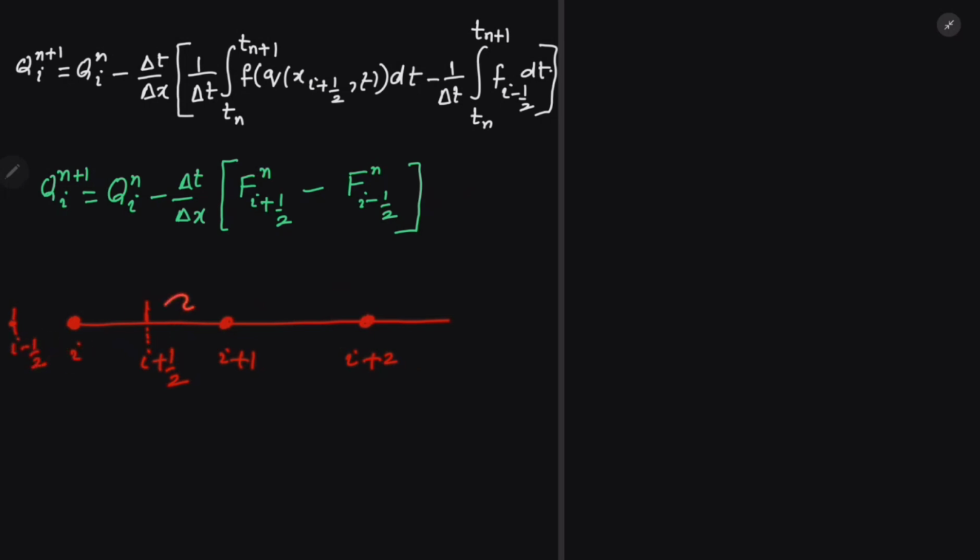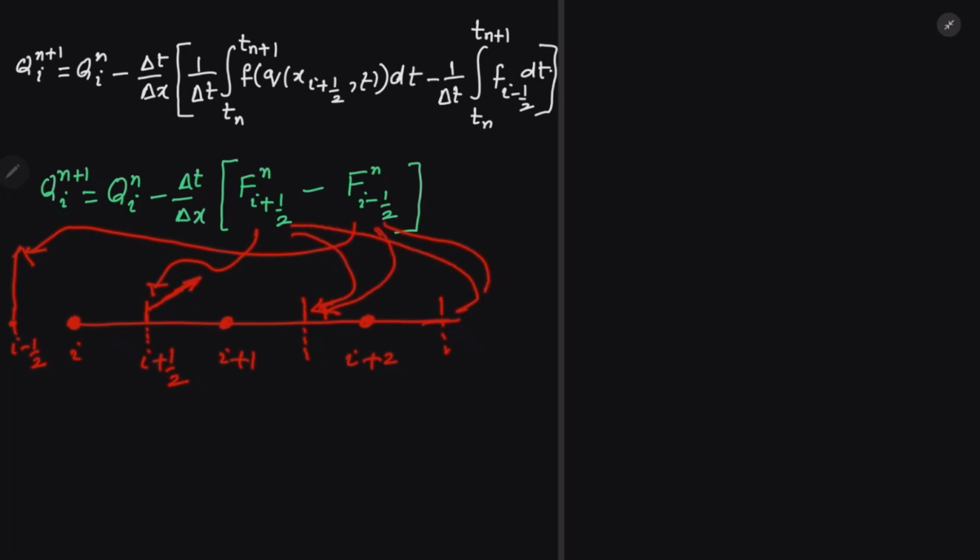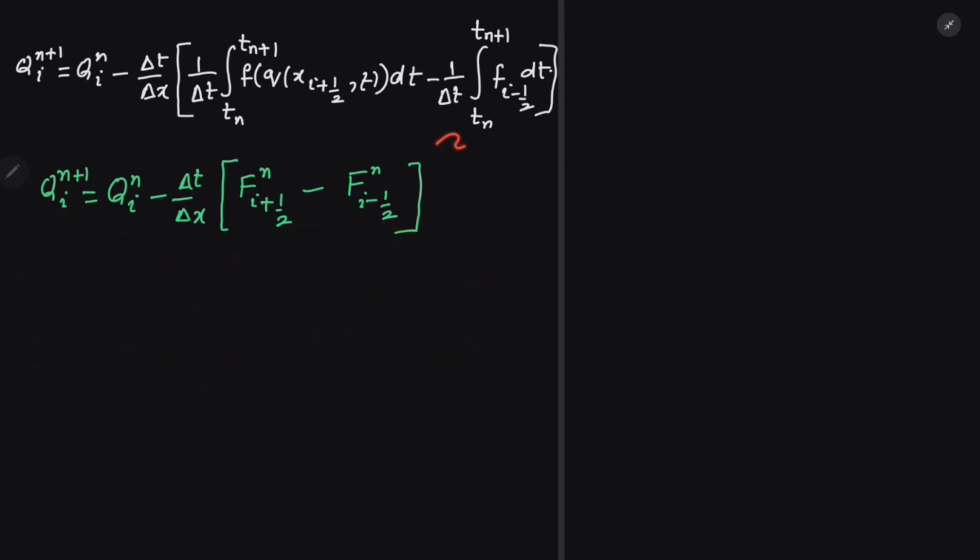So what we are doing is calculating flux on the right boundary of the volume and the left boundary of the volume. So we are calculating F I plus 1/2 over here and F I minus 1/2 over here. We do the same for all the other cells. We calculate this over here, then we calculate over here and over here, something like that, right? So this is our first numerical method.